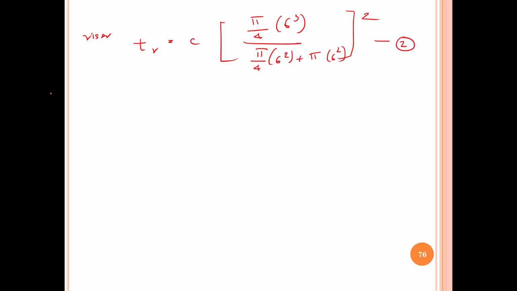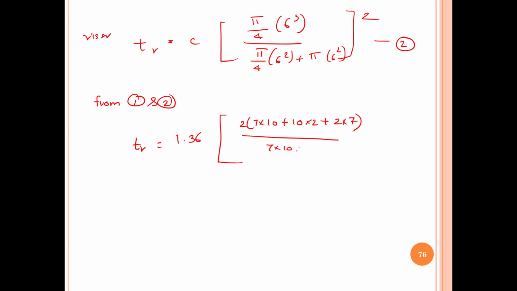So this is equation 2. From the first and second equation, we will get the solidification time of the riser as 1.36 into the ratio, and from that we will get the answer.